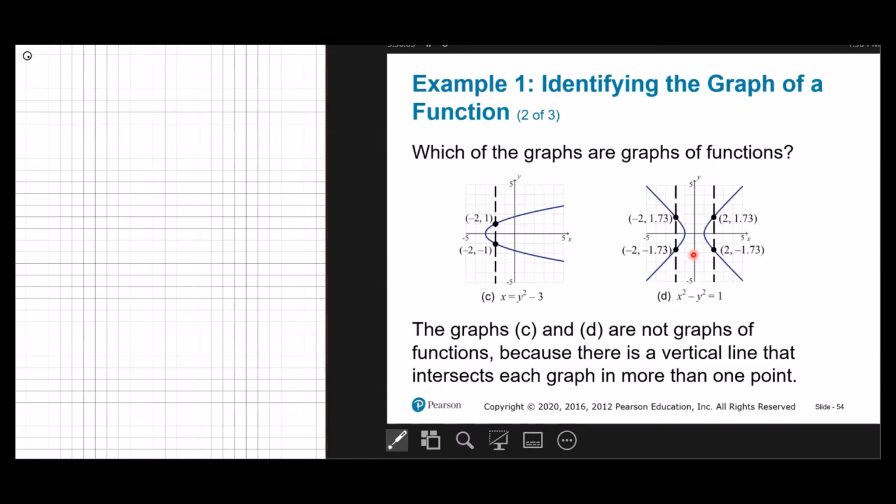All other vertical lines that hit this graph will hit it at exactly 2 points. So the vertical line that goes through this point here and the vertical line that goes through this point here hit the graph at exactly 1 point, but I have more vertical lines that hit it at more than 1 point, so they're not functions.